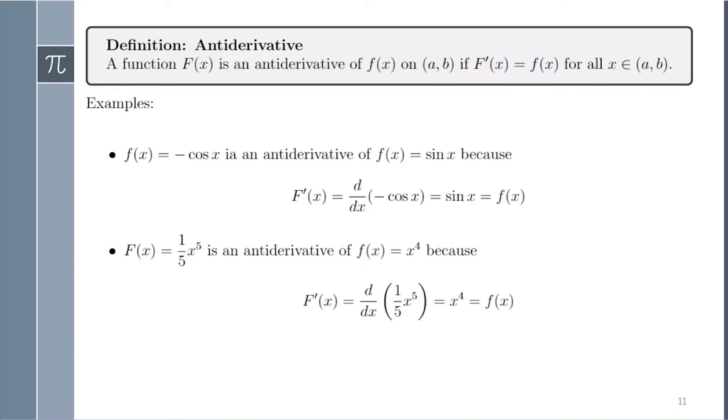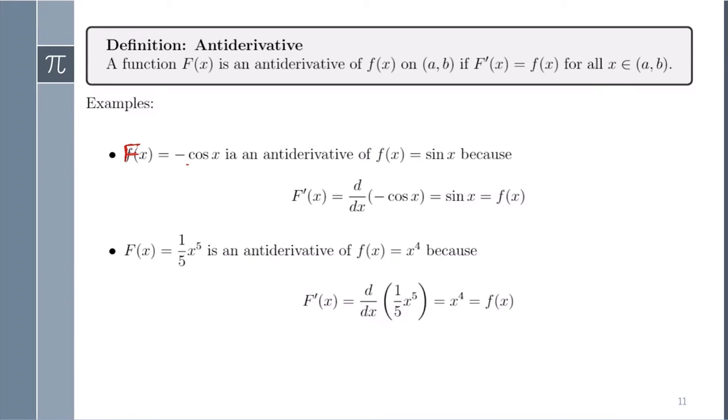here this should be uppercase F. So F of x equals negative cosine x is an antiderivative of f of x equals sine of x because the derivative of negative cosine x equals sine x.